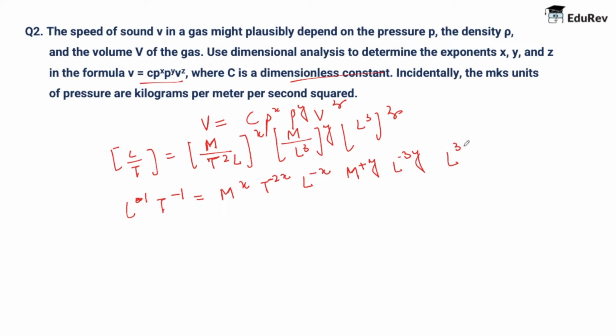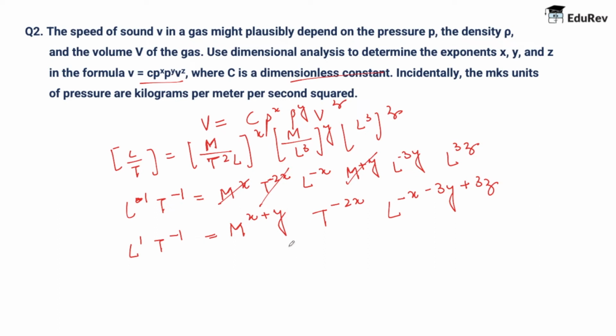L is 3z. So when I'm going to solve it further, it will be L1 T minus 1. Now M is going to be x of this plus y of this. T is going to be minus 2x of this, and then L is going to be minus x minus 3y plus 3z.